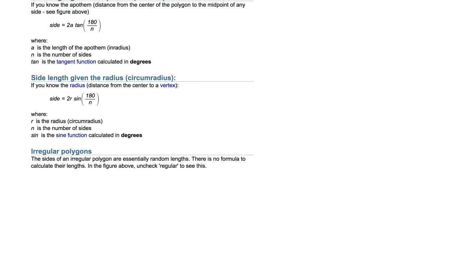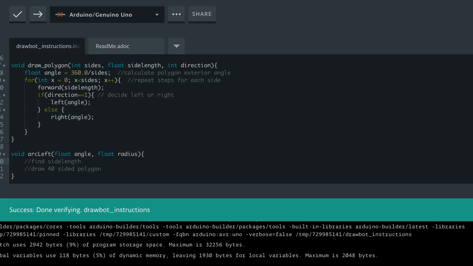Okay, so the first thing that we need to do is find the side length. Okay, and if we look here, the calculation to find the length of a side is 2 times the radius times the sine of 180 divided by n. Okay, and so we're going to use that here.